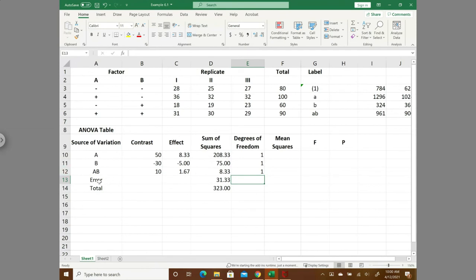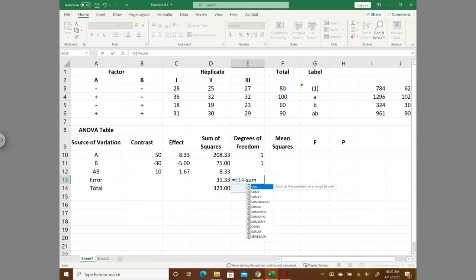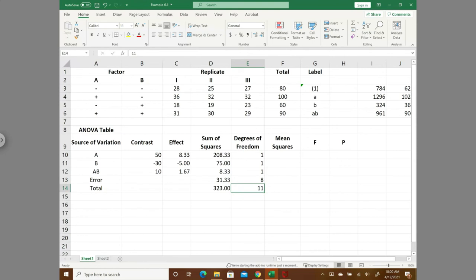For error, let's first calculate the total, and then subtract these three from the total. Since we performed a total of 12 experiments, it is 12 minus 1, which is 11. For error, it is 11 minus the summation of these three, 11 minus 3, and that's going to be 8. So that's how you get the degrees of freedom.